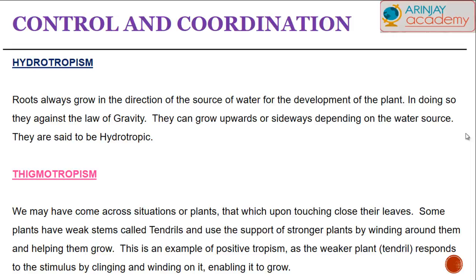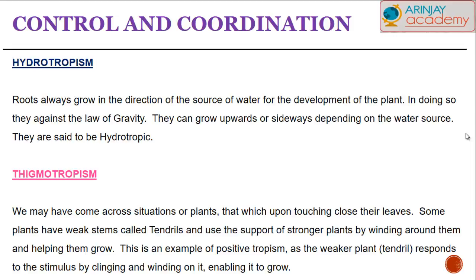Thigmotropism. We may have come across situations where when we touch a plant, its leaves automatically shut. Certain plants are weak, like creepers. Example, we call them tendrils as they have a tendency to grow onto other plants for support and to help them by winding up around them.